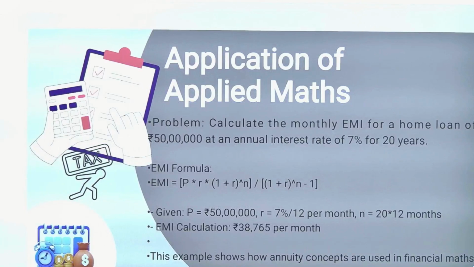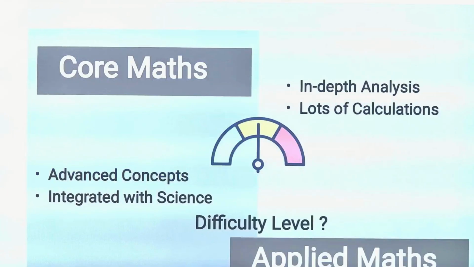Here is one of the applications of applied maths, where we need to calculate the EMI for a home loan for an amount of 50 lakhs at an annual interest rate of 7% for 20 years. So this is something that is relatable to real life. What is the amount of EMI that I am going to pay if I go for a home loan with these values? So it shows the annuity concepts that are used in financial mathematics and applied maths.